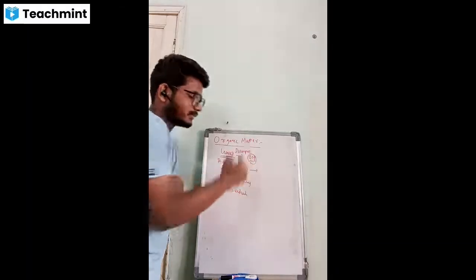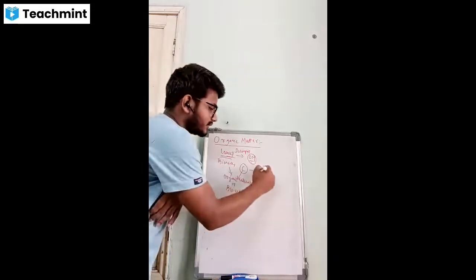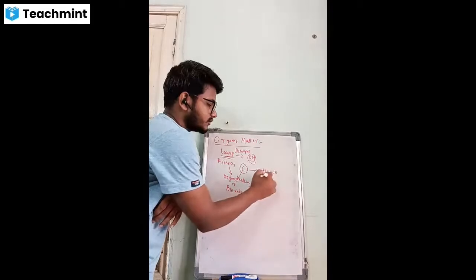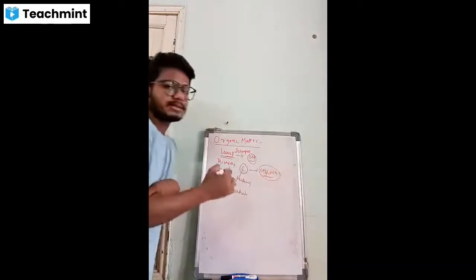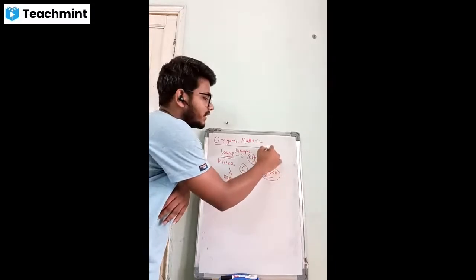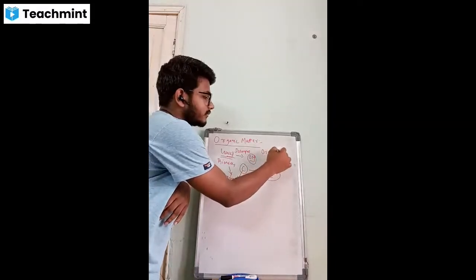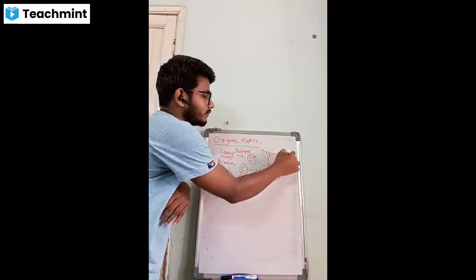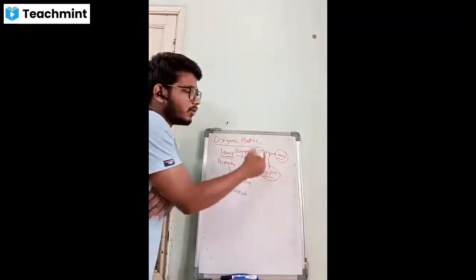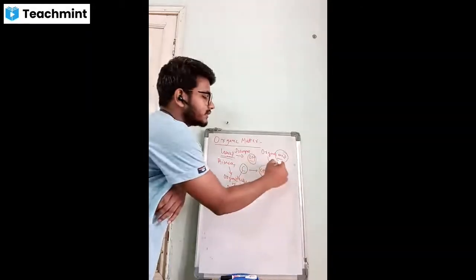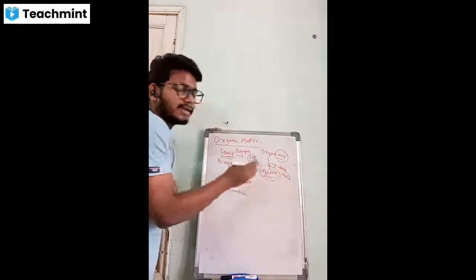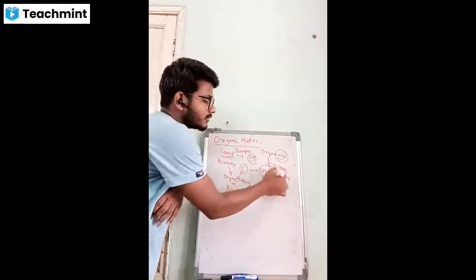For example, CH3COOH, acetic acid, is an organic acid. Yes or no? It is an organic acid, and all organic acids are weak acids. They release hydrogen very slowly.